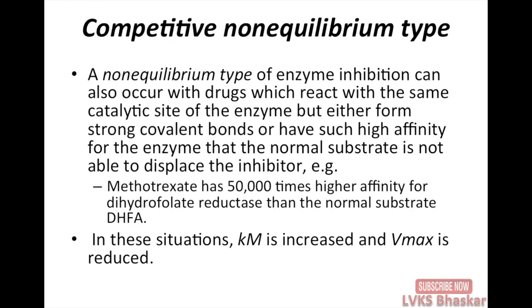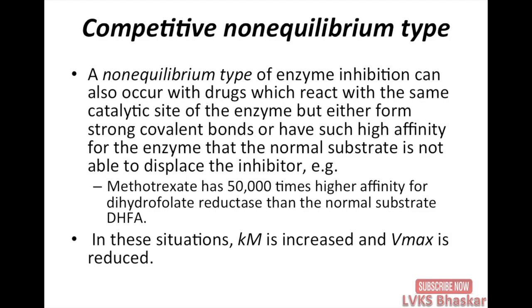Coming to the non-equilibrium type of enzyme inhibition, this occurs with drugs that react with the same catalytic site of the enzyme, either forming a strong covalent bond or having such a high affinity for the enzyme that the normal substrate is not able to displace the inhibitor. The best example is methotrexate, which has 50,000 times higher affinity for dihydrofolate reductase than the normal substrate DHFA.